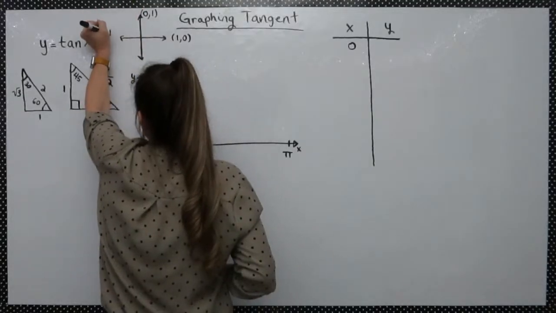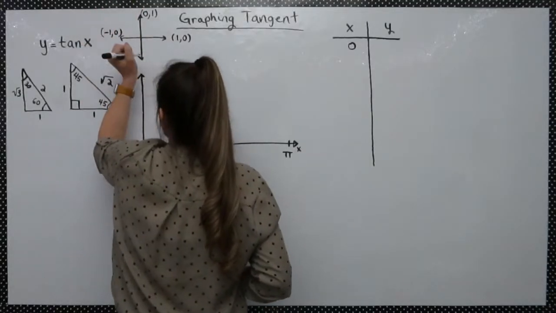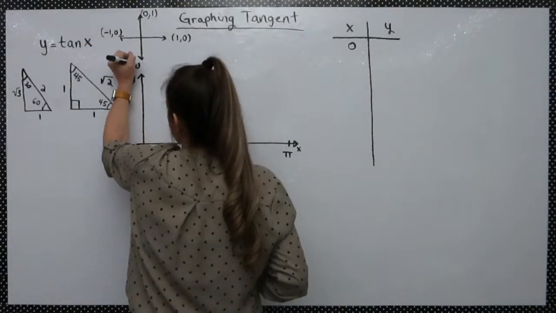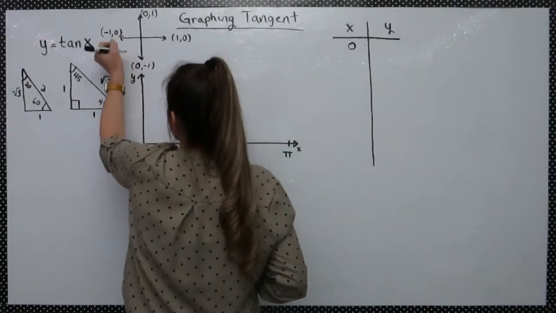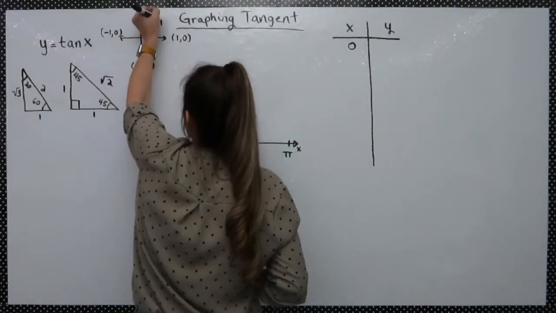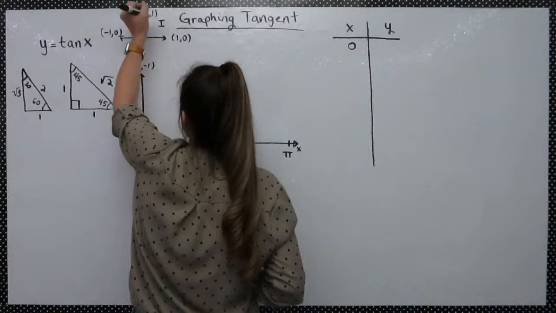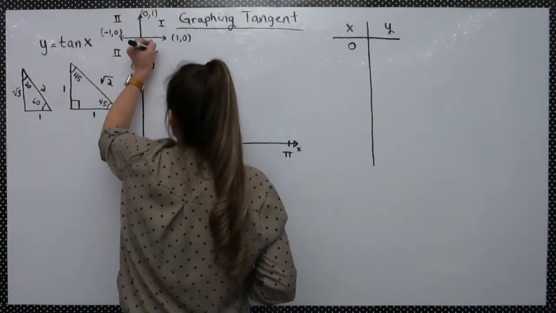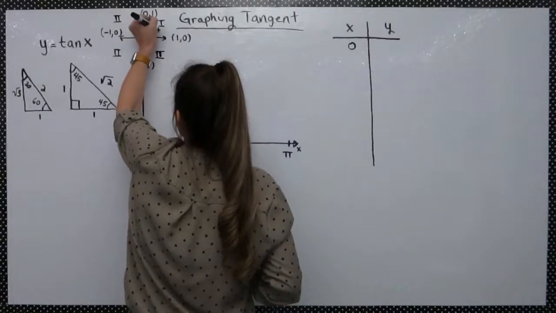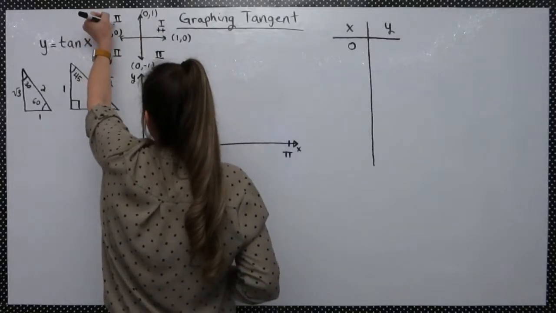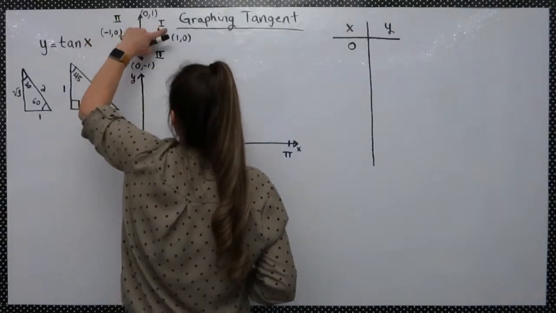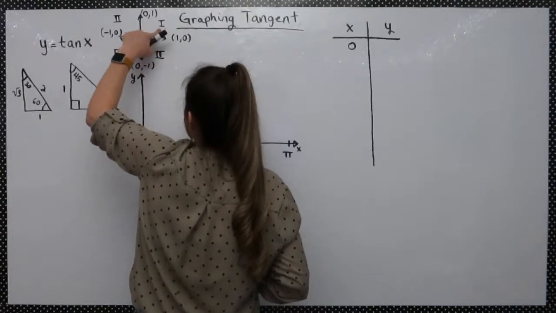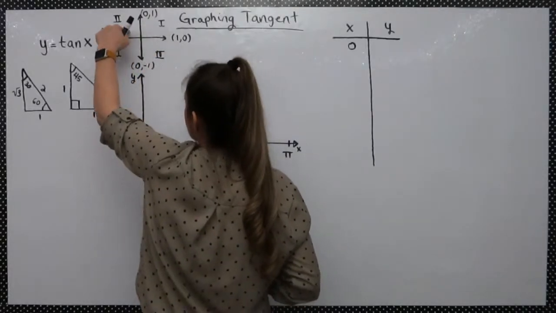Out here is -1, comma 0. And down here was 0, comma -1. And then I'll also list the quadrants: 1, 2, 3, and 4. Remember, they're both positive here. Well, I already have that here, so we'll just leave it. This is good enough, having those values.